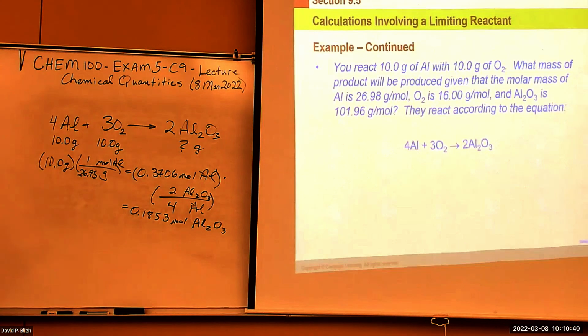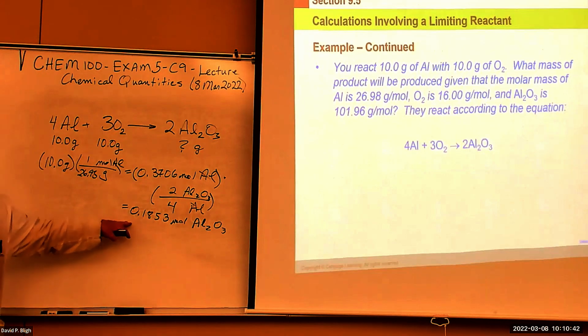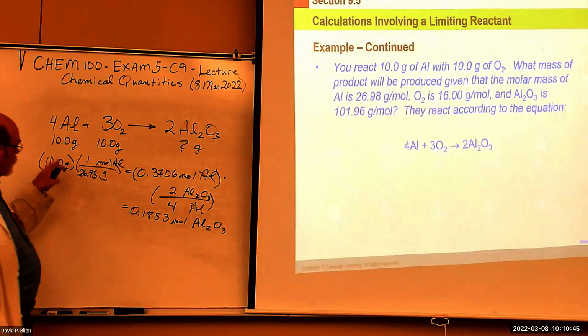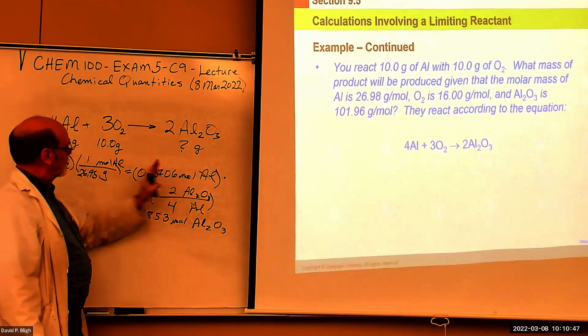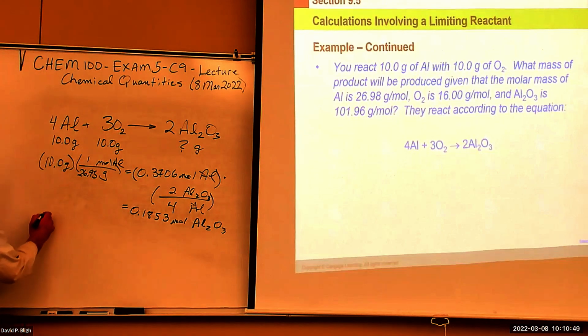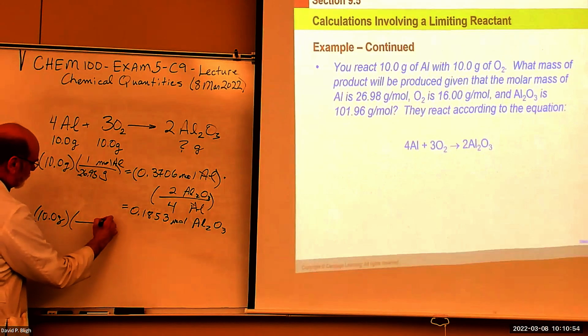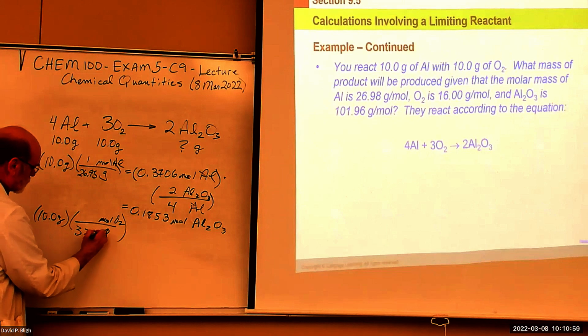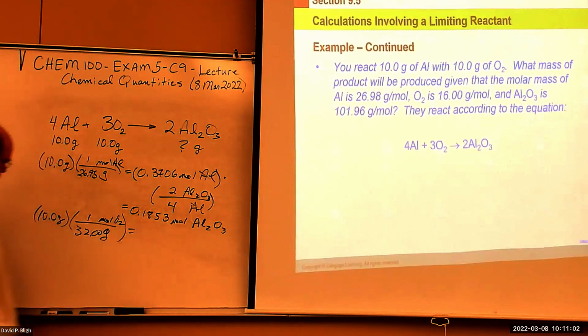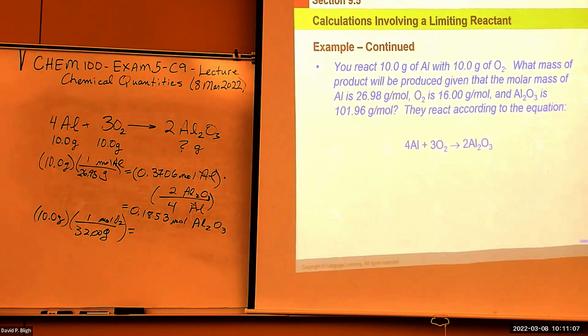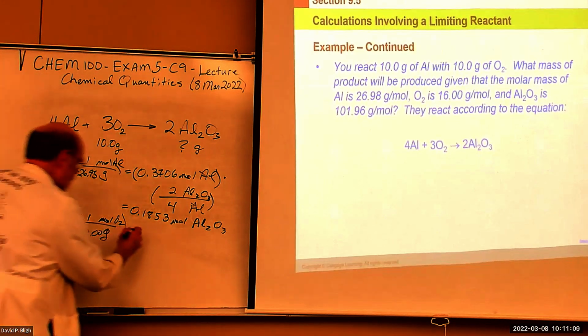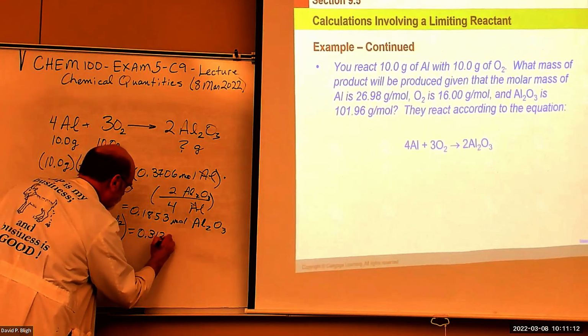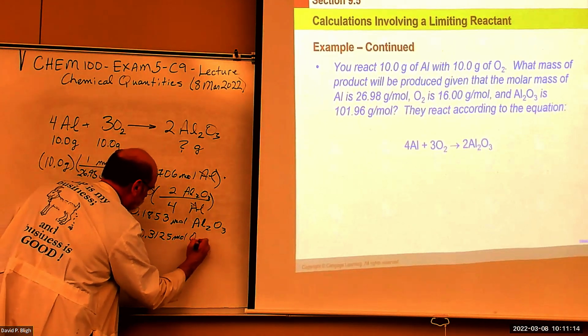Now, for our purposes, that's as far as we need to go right now. We just need to know how many moles can be produced from that many grams of aluminum. Now, how many moles can be produced from that many grams of oxygen? Okay, so that's 32. So 10 divided by 32 is 0.3125 moles of oxygen.